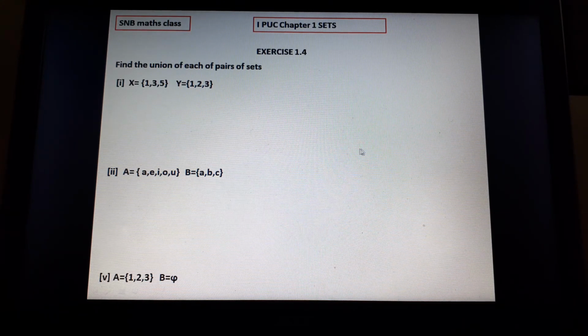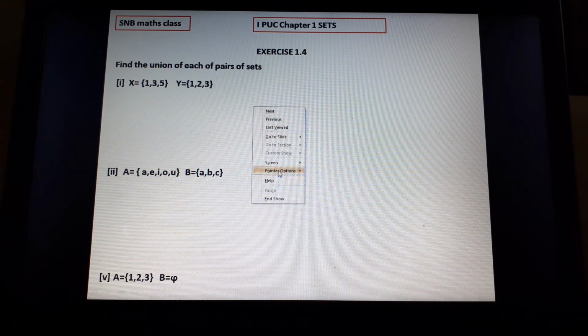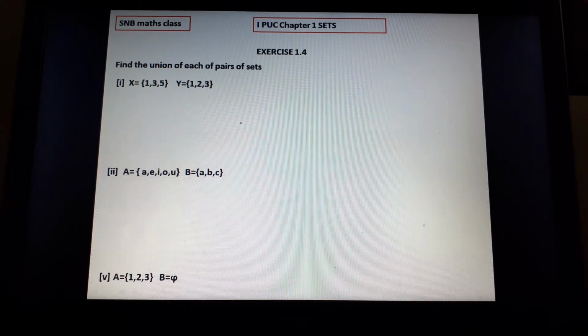Next one. This is exercise 1.4. So 1.3 we have completed. Find the union of each pair of sets. Whenever you are writing this type of answer, sometimes students directly write the answer. That is not advisable. You should always write like this: X union Y. Don't directly write the answer because nobody will understand what you have done.